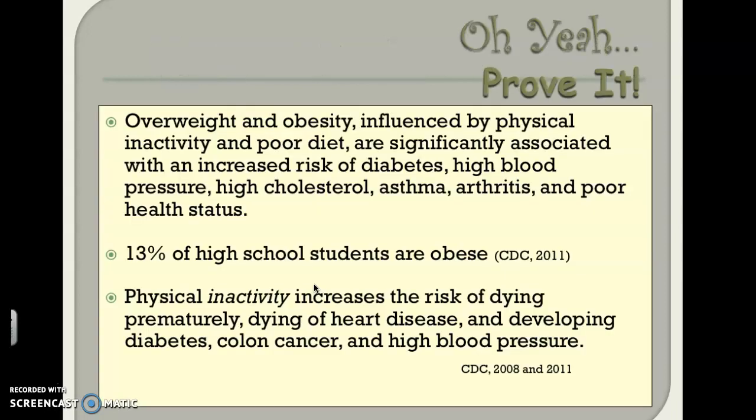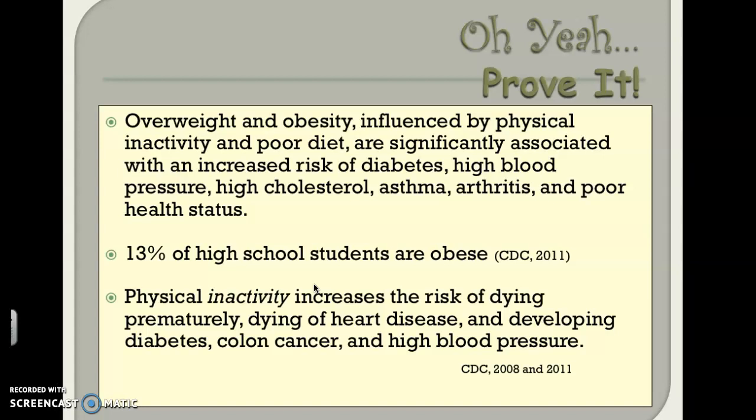Overweight and obesity are influenced by physical inactivity and a poor diet, so making poor eating choices, and they are significantly associated with increasing your risk of things like type 2 diabetes, high blood pressure, high cholesterol, asthma, even exercise-induced asthma, arthritis, and poor health status.